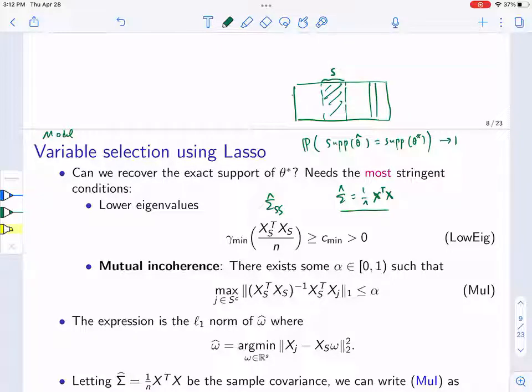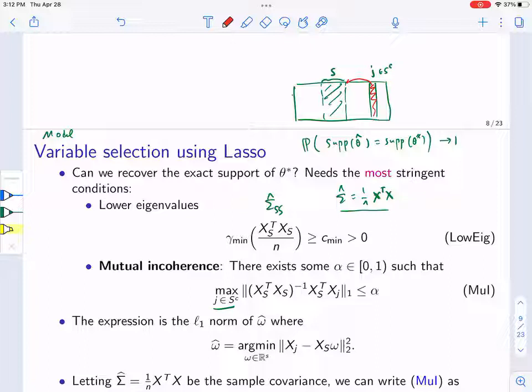that's not in S. So for any j that's not in S, so j belongs to S complement, I regress this column onto these, a usual OLS regression. Let's say support S is much smaller than n, so I can do a regression.